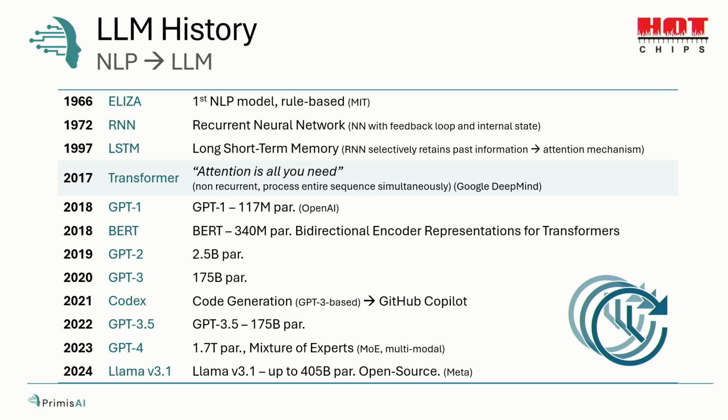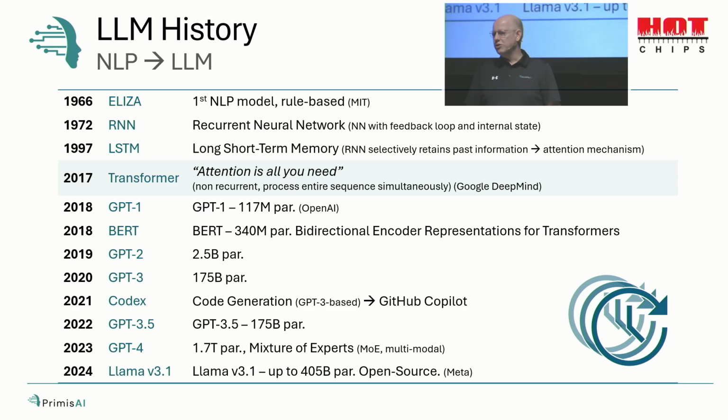If you look at natural language processing, then in the 60s, MIT created a program called ELIZA. And this was, I would say, at least from a software perspective, the first true attempt at interpreting and parsing, if you will, natural language. It was rule-based.